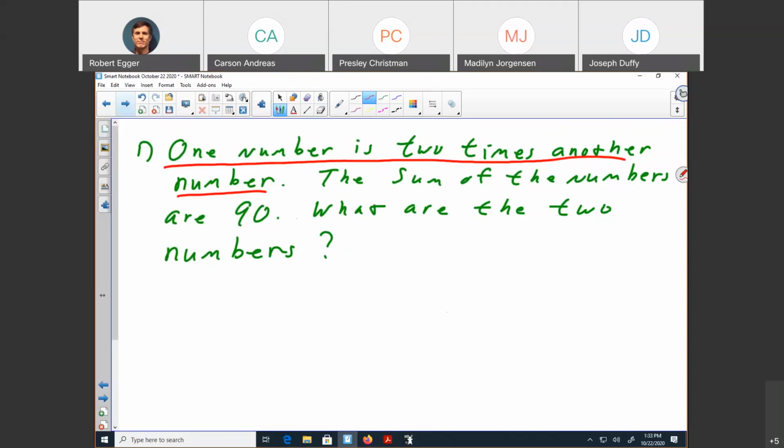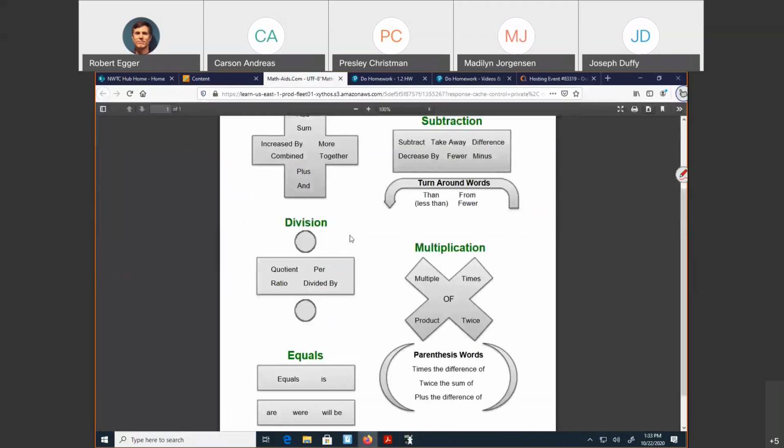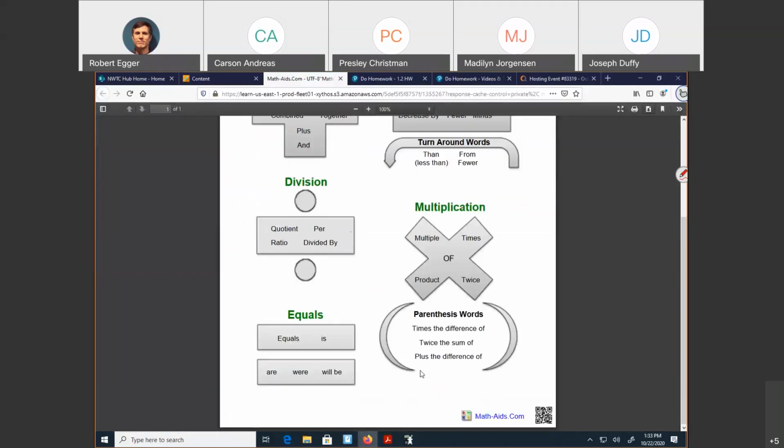One number is 2 times another. One number, what number? I don't know. Is. If you go to this page, the verbiage in a word problem of is means equal.